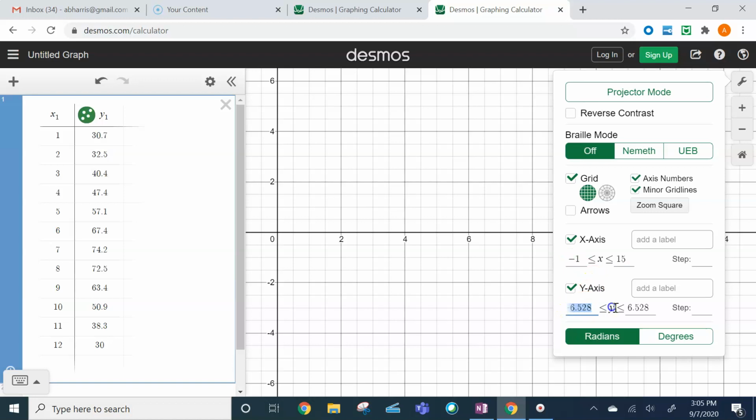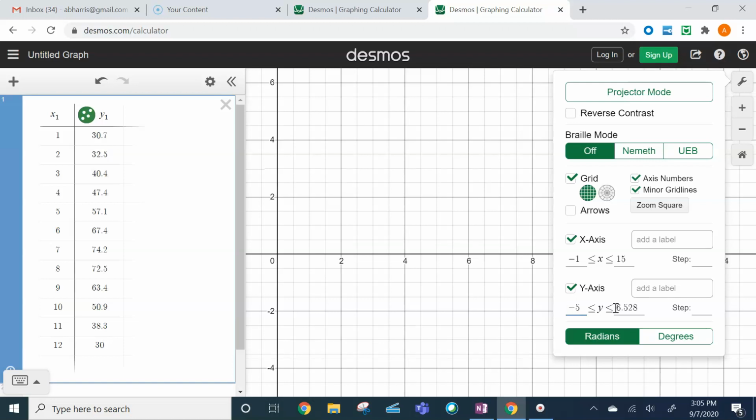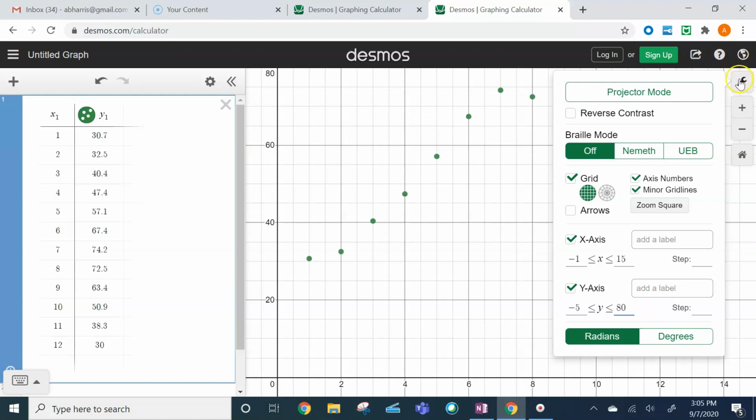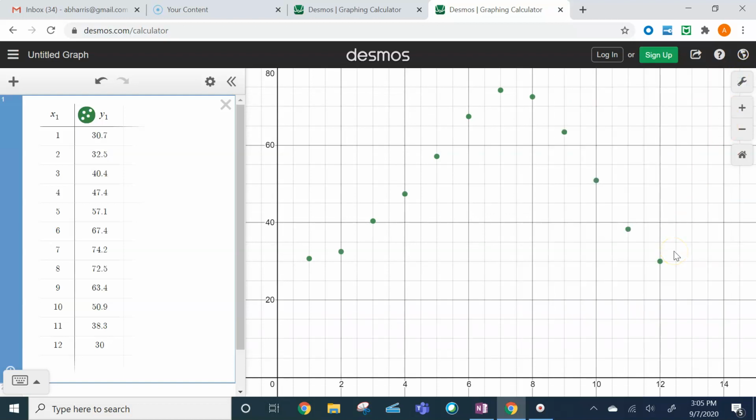And notice my lowest is in the 30s, so I'll go from negative 5 up to about 80. The highest there is 74.2. You can see these points, January 30.7 average monthly temperature, February 32.5 average monthly temperature, and so on. And you can see this looks kind of like a sine curve, right?